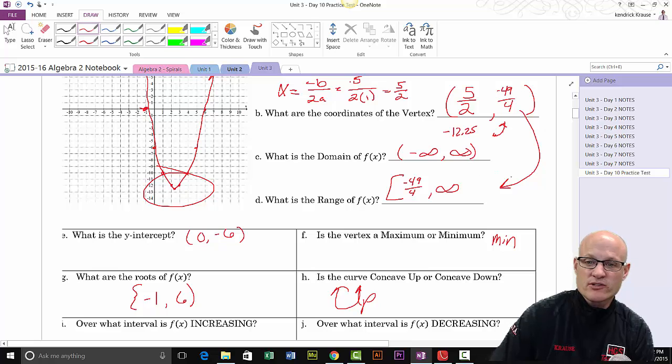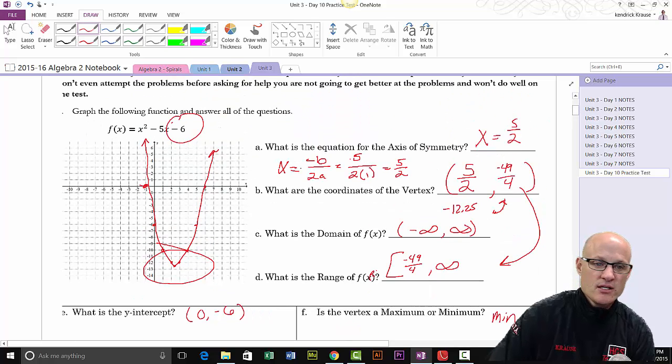Now, the points where it's increasing and decreasing. There still seems to be some contention with you guys about what's going on with this. All the way over here, starting in negative infinity, it's decreasing, decreasing, decreasing until it gets to here, and then it turns around and it increases. But when we're talking about increasing and decreasing, we're trying to use the x values. So from negative infinity all the way over to here, it's decreasing.